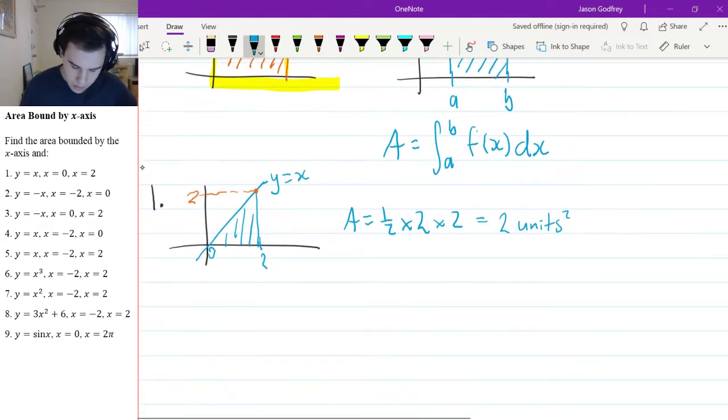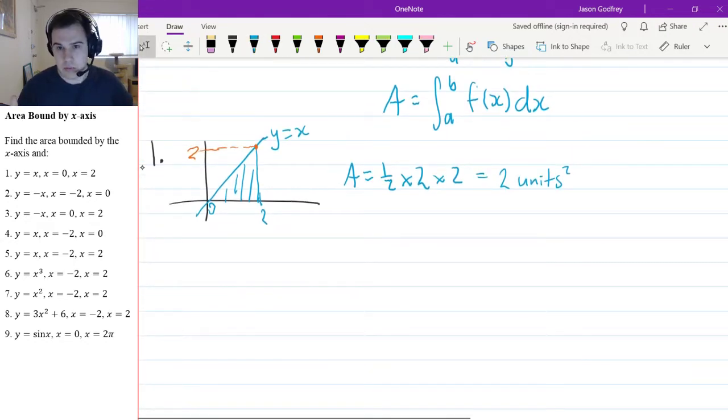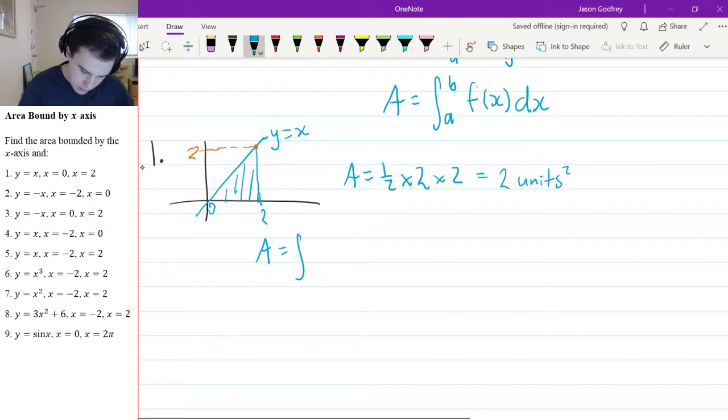Okay, so now we're going to try the same thing, but using calculus. So the area is going to be the integral from 0 to 2 of x dx.